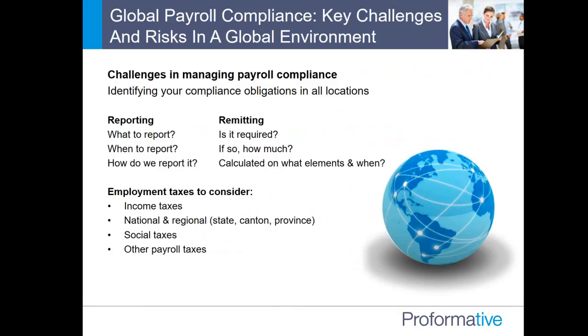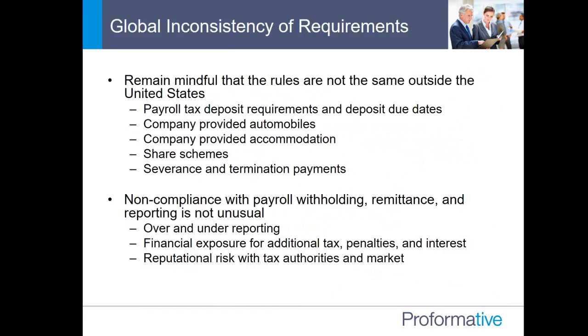inadvertently, I should say. And obviously, as you run a payroll, there are the usual things like income taxes, social security, etc. But these can vary by state, by canton, by province, and even city taxes. So being cognizant of that is important. This sort of penultimate slide, again, a reminder that obviously the rules for payroll in the US don't apply internationally.